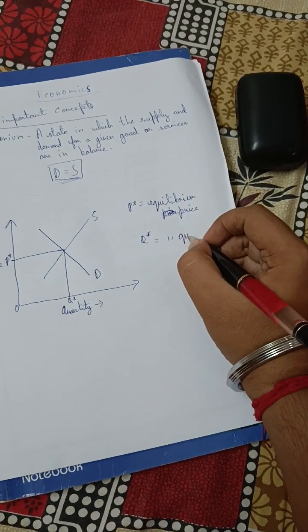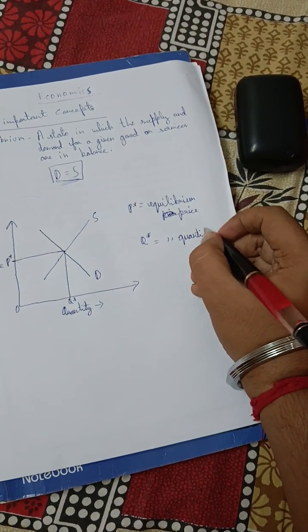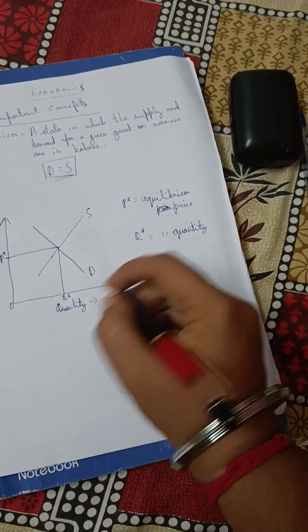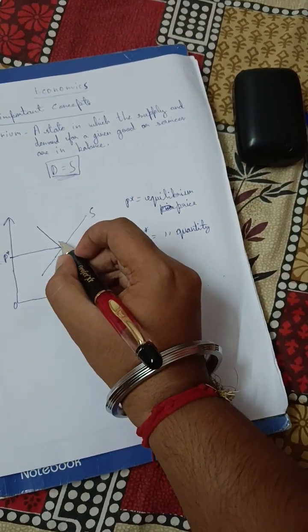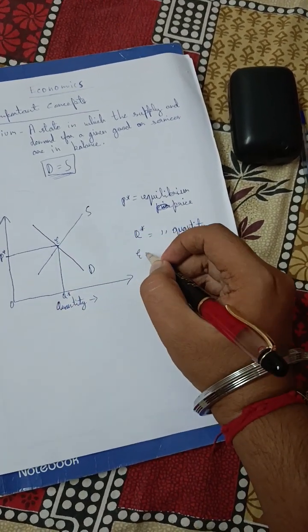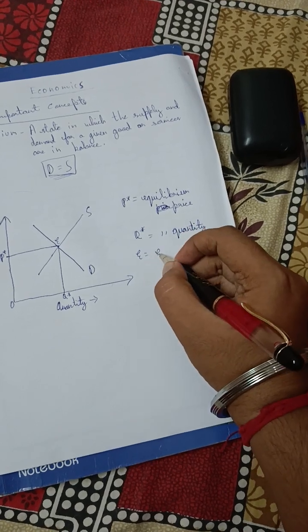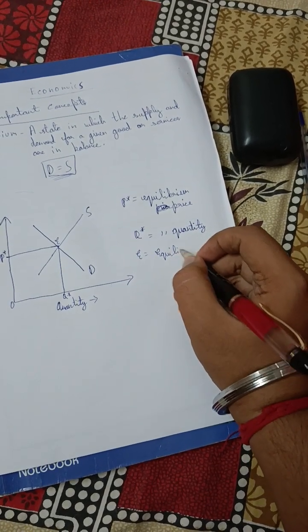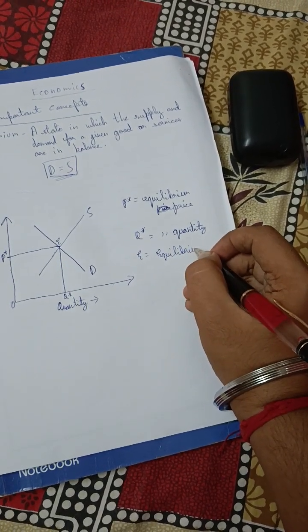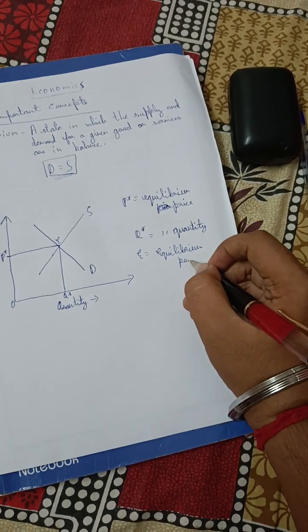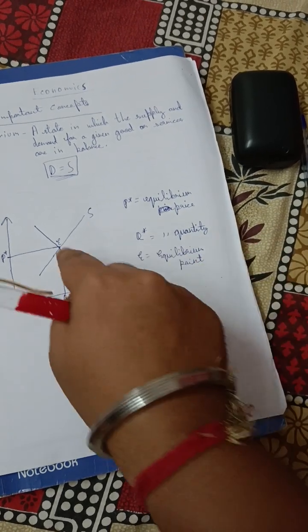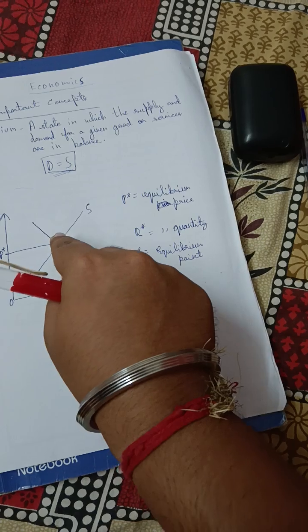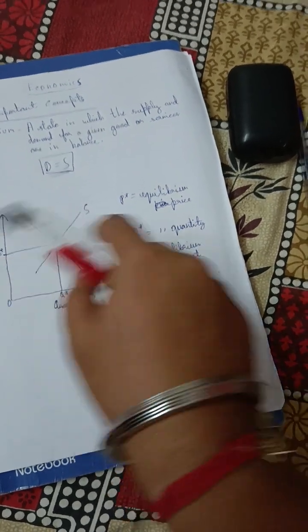Equilibrium quantity. Okay, and this one is E, which means equilibrium point. Okay, basically this is the equilibrium. What is this equilibrium point?